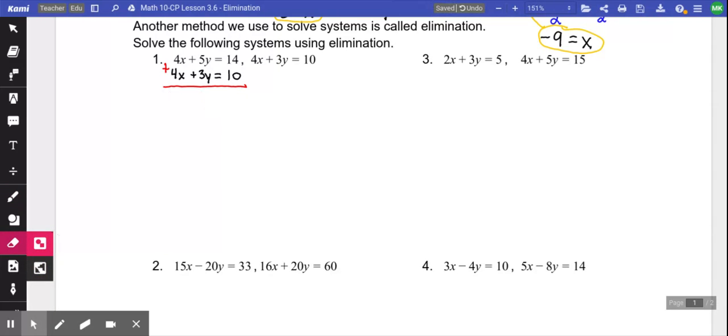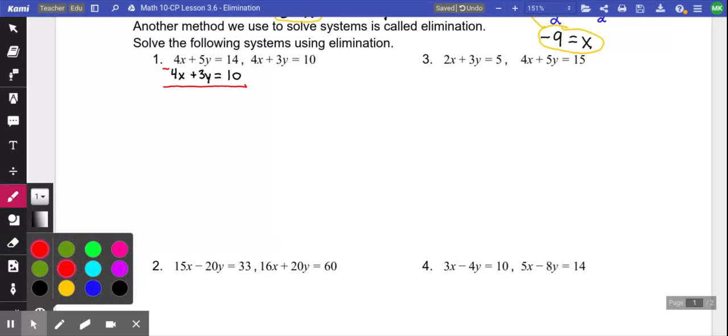But what happens if we subtract these equations from each other? Well, if you go 4x minus 4x, you end up with 0 x's, which means they eliminate each other and the x's will be gone.